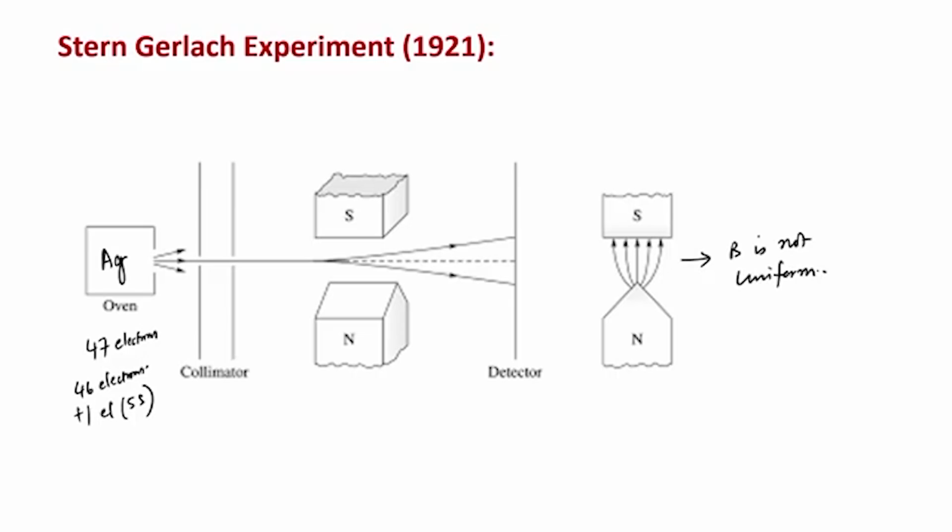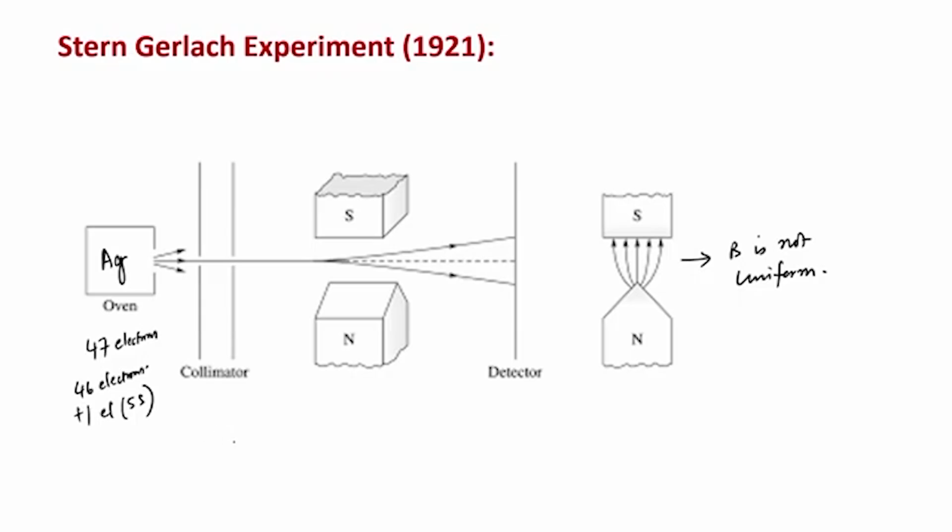Okay, so this is an important thing. Why do you need this B to be non-uniform? We will come to that in a while, and let me do this simple calculation which tells you that this field indeed needs to be non-uniform.